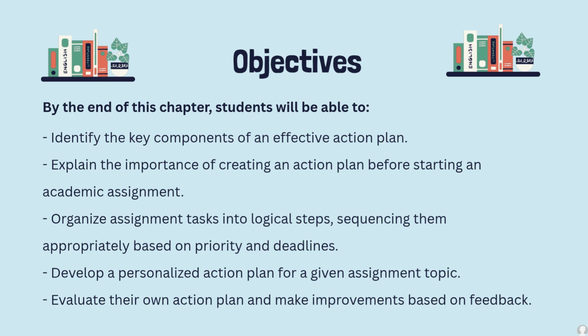Organize assignment tasks into logical steps, sequencing them appropriately based on priority and deadlines. 4. Develop a personalized action plan for a given assignment topic. And 5. Evaluate their own action plan and make improvements based on feedback.